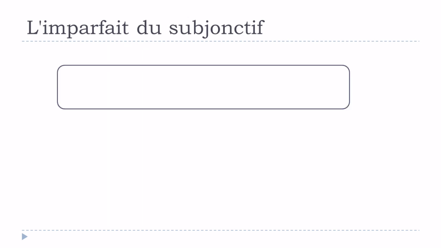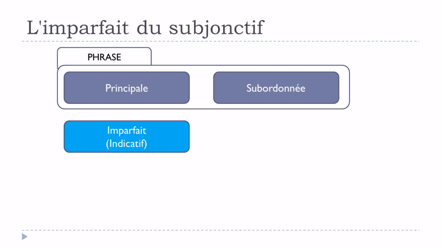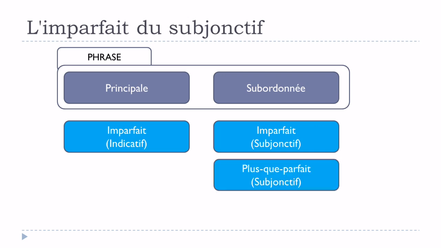So now let's imagine that we've got a sentence, okay? And in this sentence we've got la principale and we've got une subordonnée. Okay, so if we have l'imparfait de l'indicatif dans la principale, so in the first part, then normally we should put in the subordonnée l'imparfait du subjonctif, or then le plus que parfait du subjonctif.